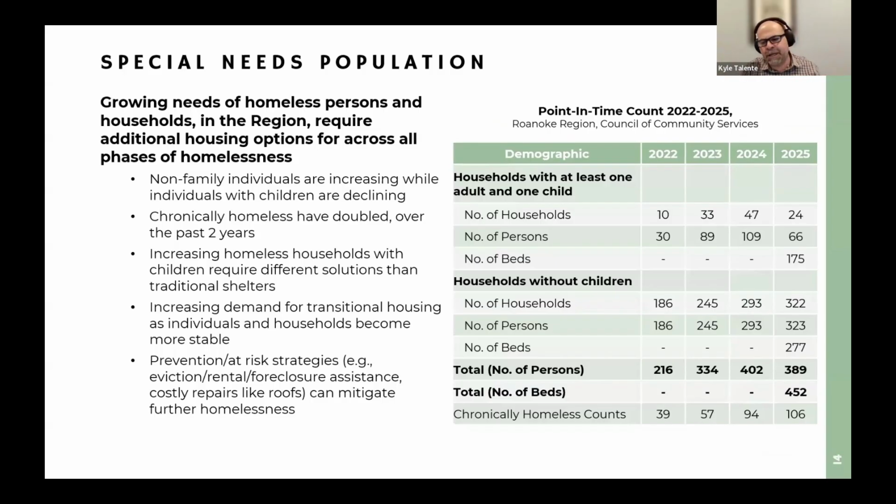Another component of special needs housing that we took a look at was homeless persons. And the data that you're looking at on the right side there is not just for Roanoke County, but for the entire region. The data is not identified by municipality, and persons that are homeless by nature don't have a home, so you can't particularly assign them to one community or another.